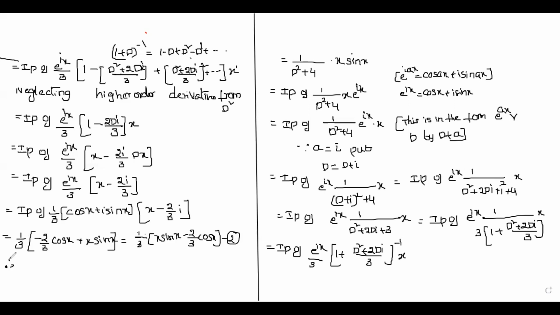Therefore, substituting 1 and 2 in A implies y is equal to c1 cos 2x plus c2 sin 2x plus 1 by 3 into x sin x minus 2 by 3 cos x.